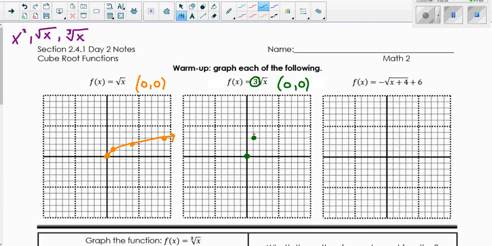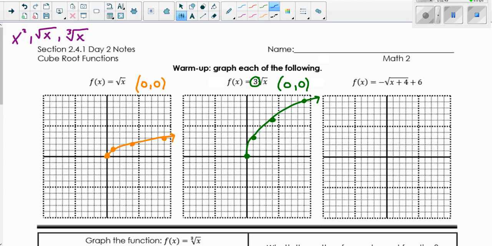You can see I moved up 3 times as much. I move right 4. The square root of 4 is 2, times 3 is 6. I move right 9. The square root of that is 3, times 3 is 9. Okay, so you can see from the first graph to this graph, stretched by 3.